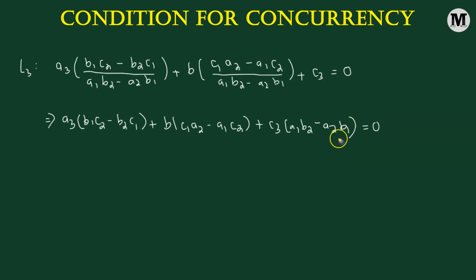Furthermore, we can distribute a3 with each of the two terms within the parentheses for the first term. Similarly, we can distribute b with the two terms within the parentheses, and c3, and rewrite the expression.